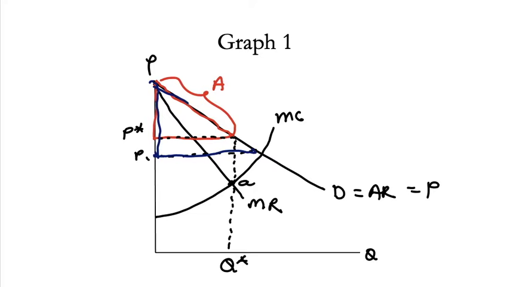However, because you're not selling it, you are not capturing that consumer surplus. Only to that consumer, not to the previous consumers who are willing to pay higher than P1. So how do you do it? That's why we have what we call price discrimination.